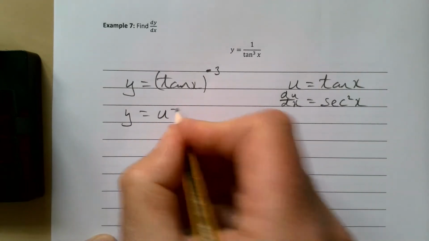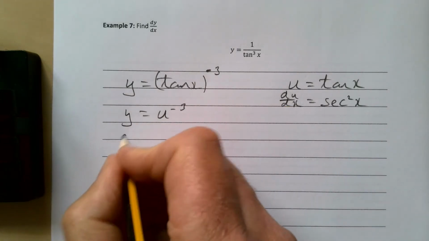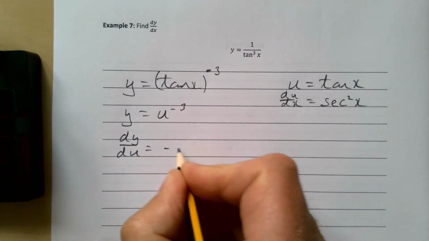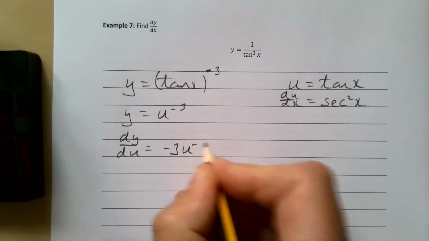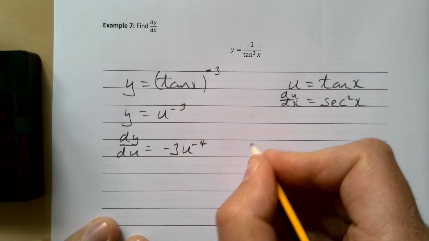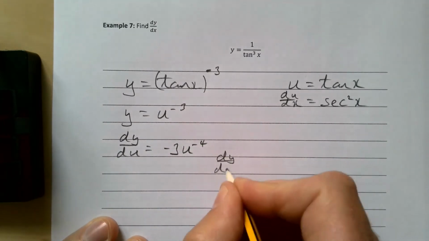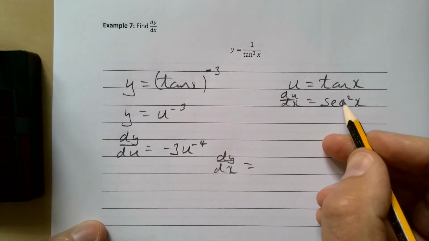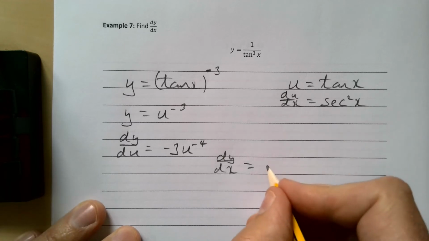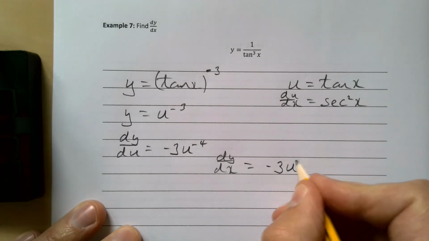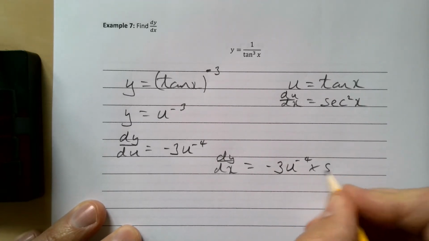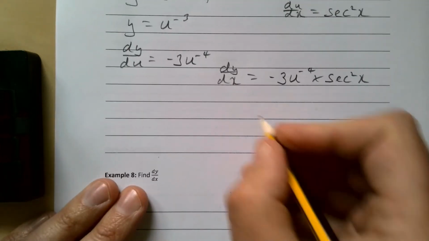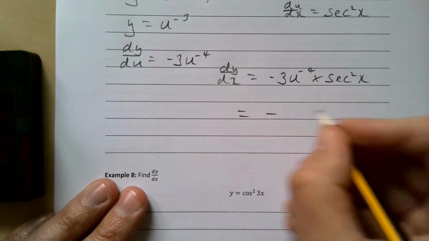You get sec squared x. y equals u to the power of minus 3. dy by du, you differentiate that, you get minus 3u to the power of minus 4, and we want dy by dx, which is dy by du times du by dx. So that's minus 3u to the minus 4 multiplied by sec squared x. There's a minus there, so it's going to come out the front.